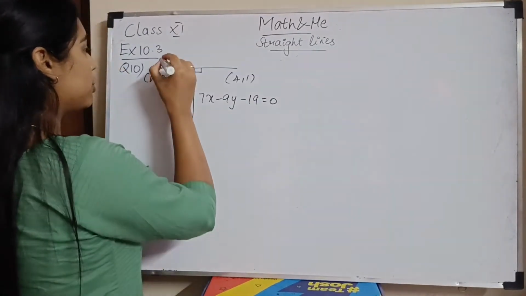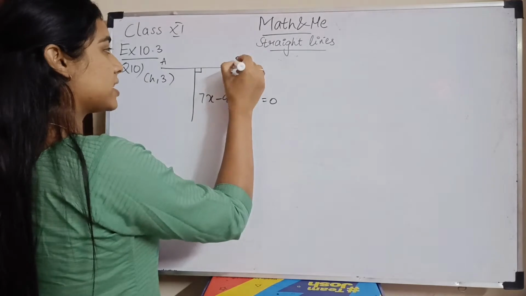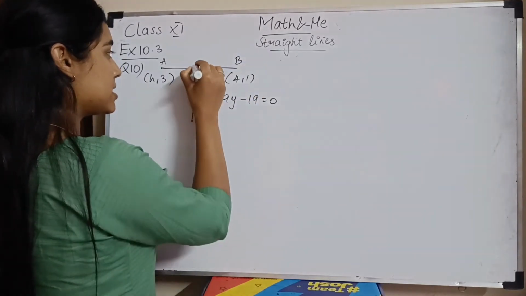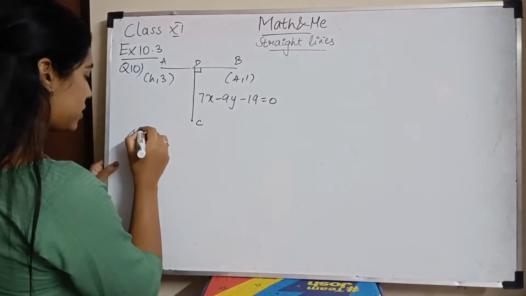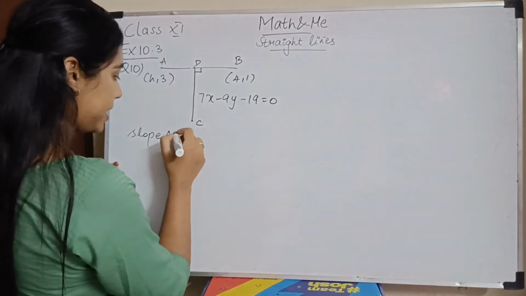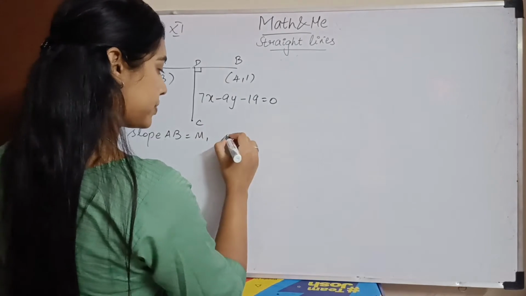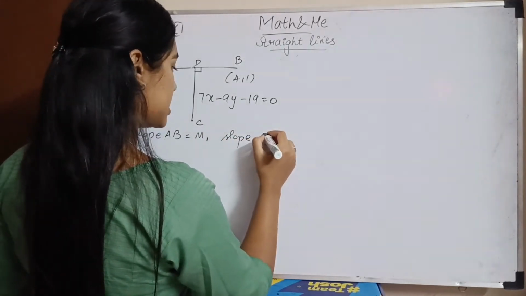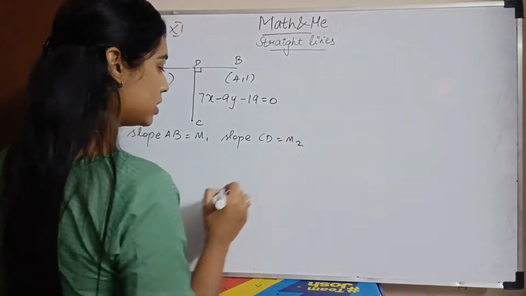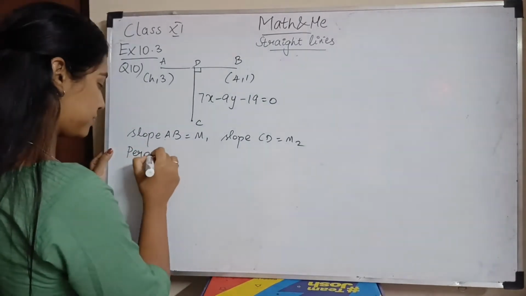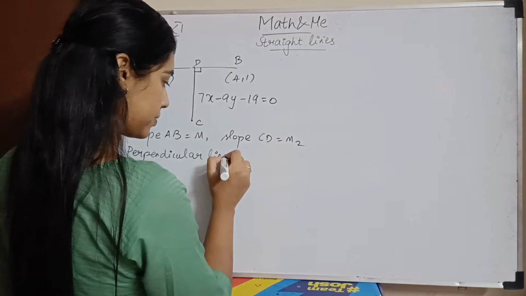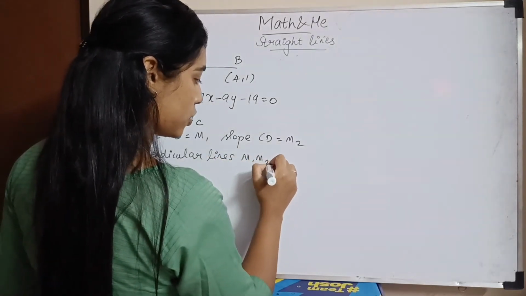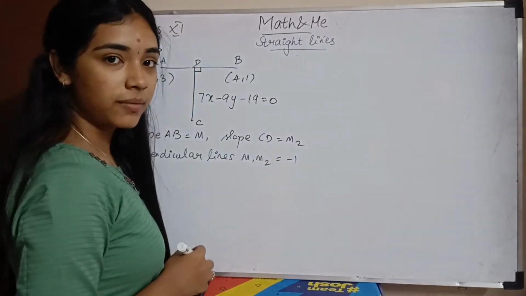Okay. So what do you do when you have two perpendicular lines? Let me name them as A, B, C and D. When you have two perpendicular lines, slope of AB, let it be M1, slope of CD, let it be M2. For perpendicular lines, the product of slopes is minus 1, right?